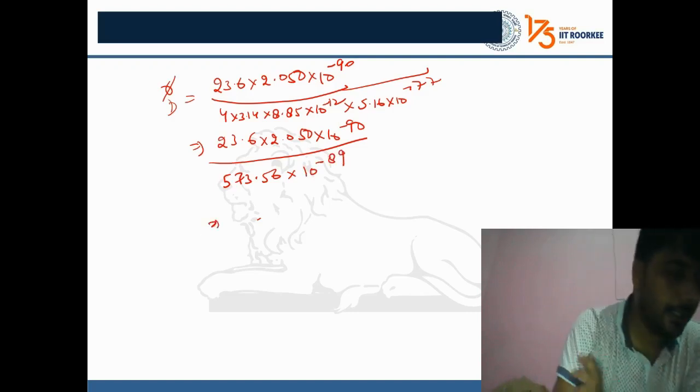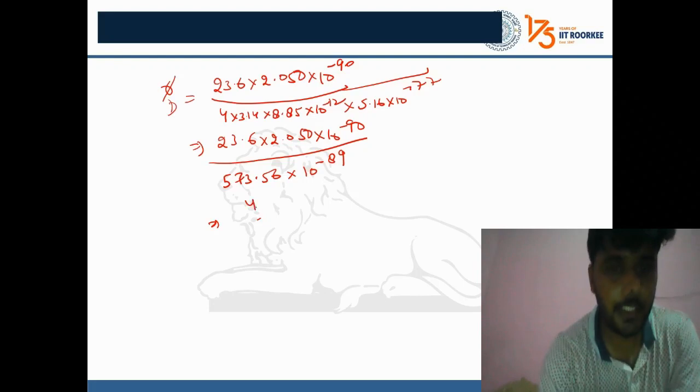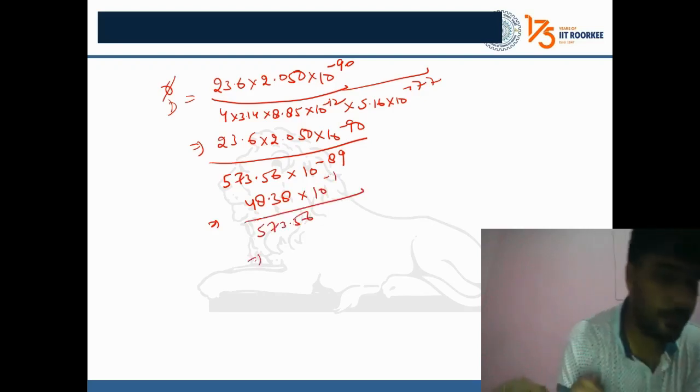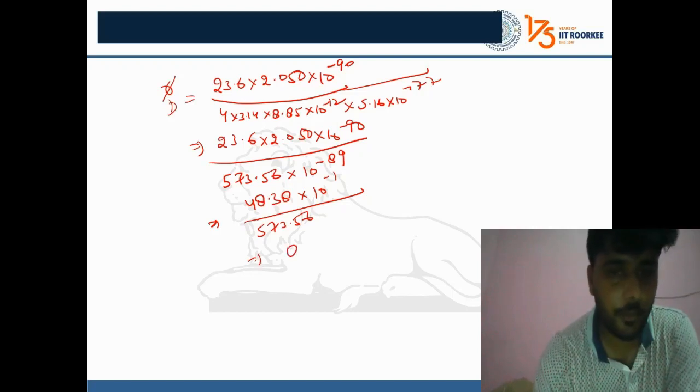Okay, calculating again, 23.6 multiplied 2.050, that is 48.38, 10 raised to minus 19 plus 89 minus 1 and 473.56. Okay, so divide by 573.56. That is 0.084 10 raised to minus 1.